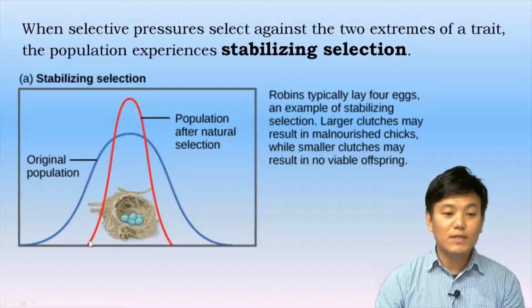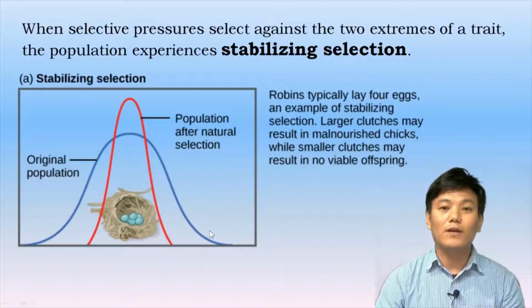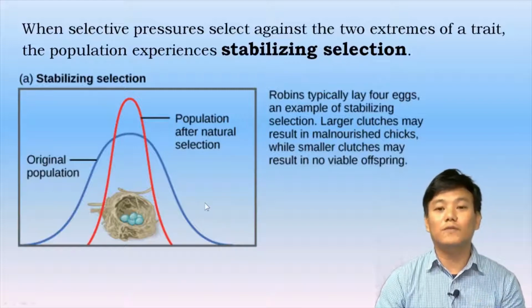You can see clearly that the selection pressure works against the two extremes. Those robins which lay less than 4 eggs and those which lay more than 4 eggs are negatively affected by the selection pressure.